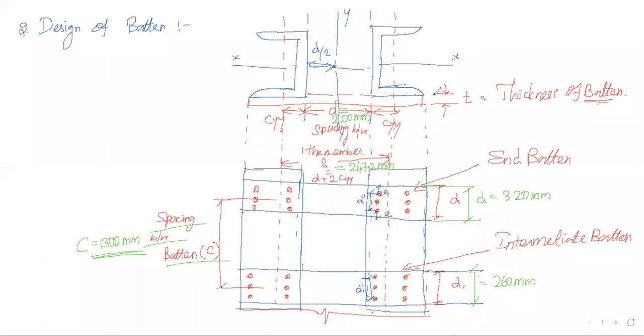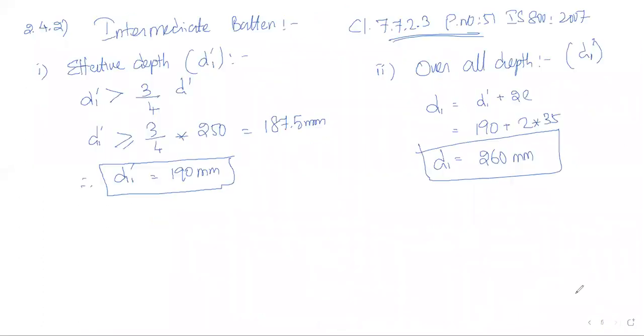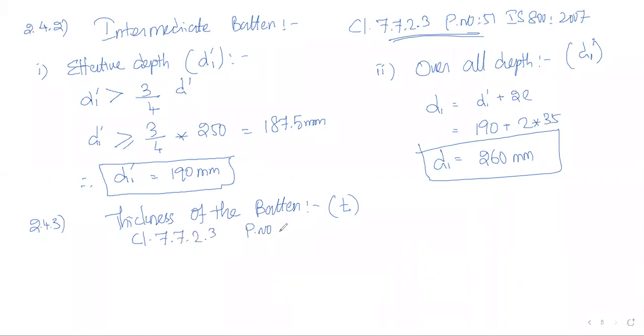Next, I have to design the thickness of the batten, T. With respect to clause 7.7.2.3 from page number 51 of IS 800, T should be greater than or equal to 1 by 50 times D plus 2G, the gauge distance.